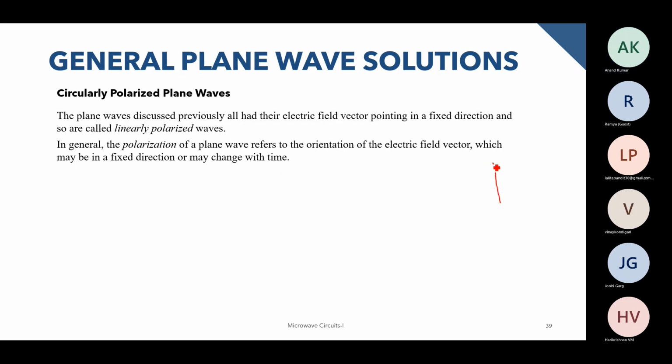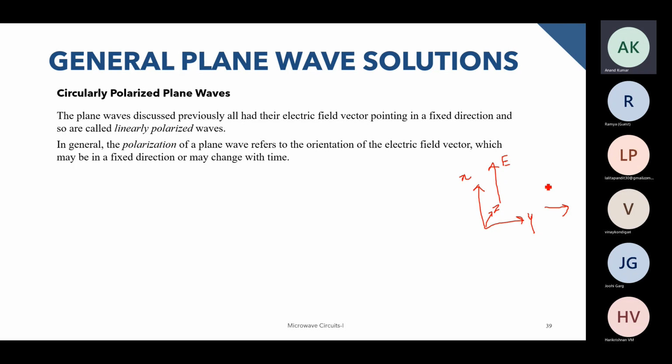If the electric field vector always points in one particular direction, so this is our coordinate system, this is x and this is y, and then z will be inwards. Yeah, I think that's correct, right? So the electric field could always be pointing in the x direction or always in the y direction.